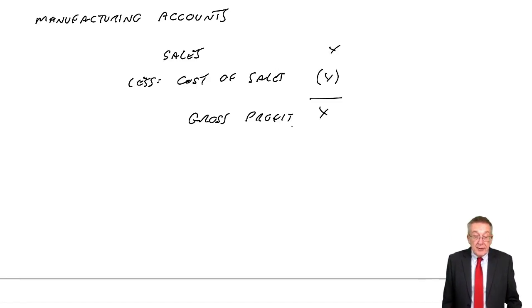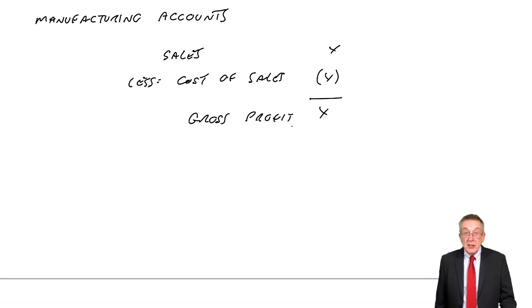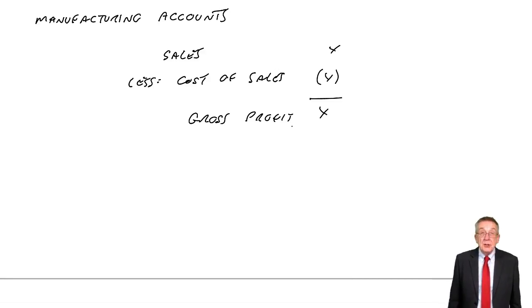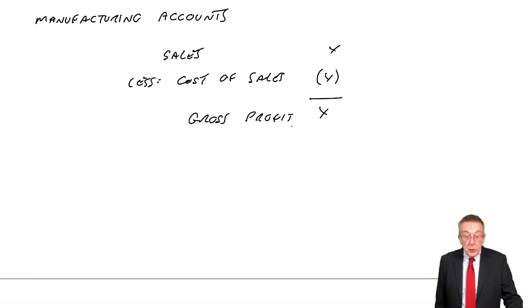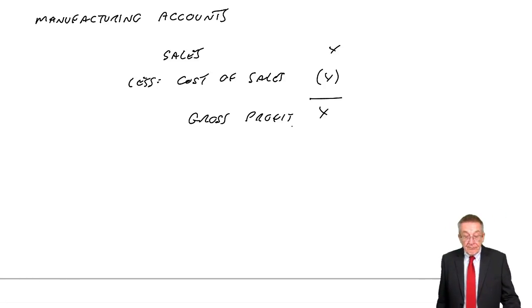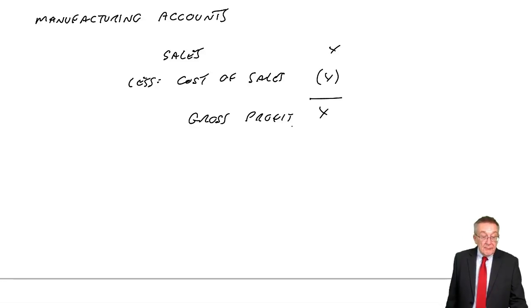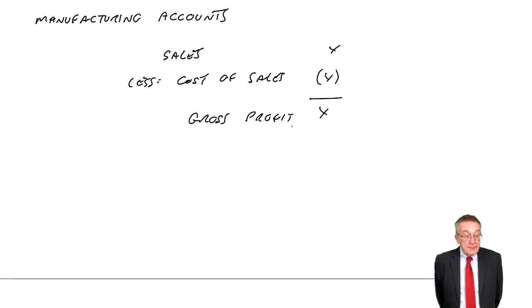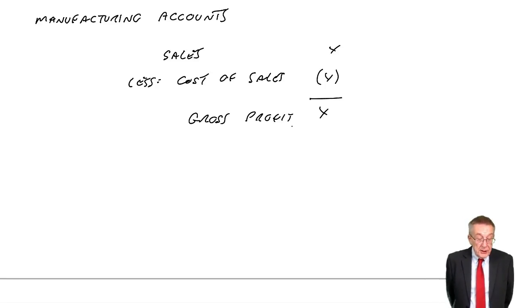And on page 97, there is a pro forma, a layout of how we'll calculate the cost of production of finished goods. We're actually going to do it with numbers if you look at example 1. So in example 1, we're going to calculate the cost of making our finished goods.